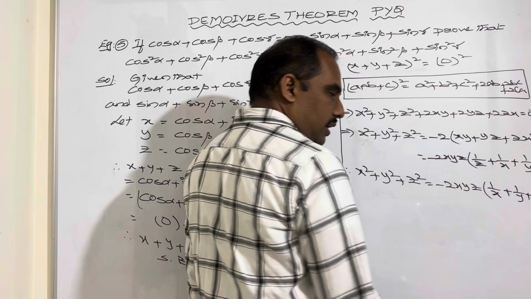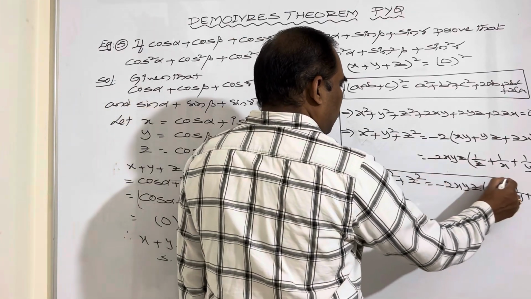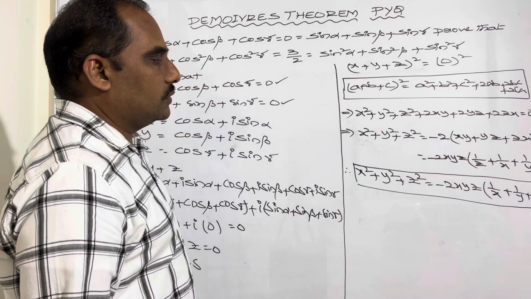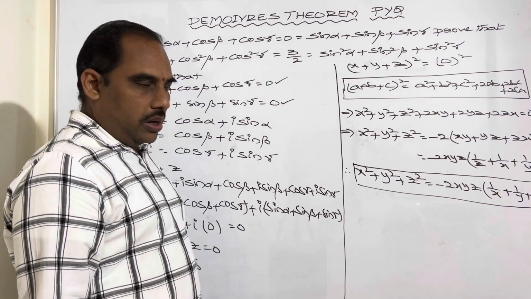Therefore x square plus y square plus z square is equal to minus 2xyz into 1 by x plus 1 by y plus 1 by z. So keep this aside: x square plus y square plus z square is equal to minus 2xyz into 1 by x plus 1 by y plus 1 by z.